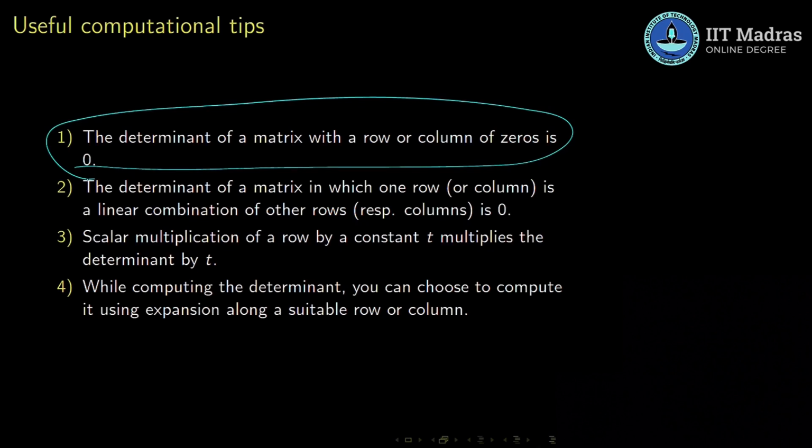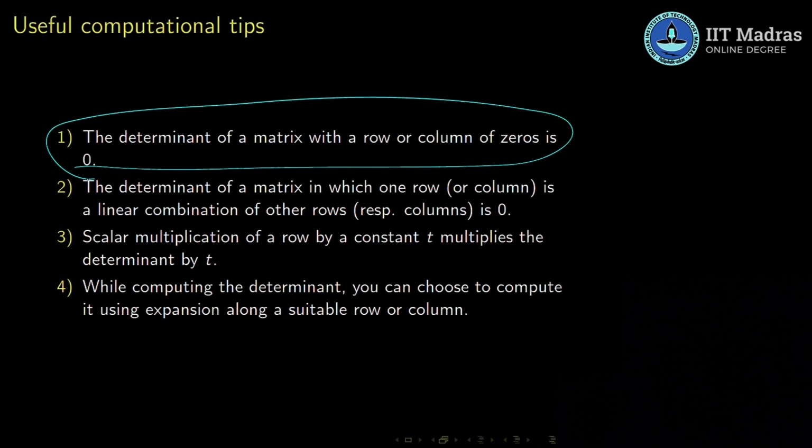Okay, so what have we done in this video? We have seen how to compute determinants. First of all, we defined determinants for square matrices, and then we saw that you can compute them using expansion along any row or column in terms of minors. And then we used that to look at some other properties. Most importantly, the determinant of a product is the product of determinants. Very important, so keep this in mind.